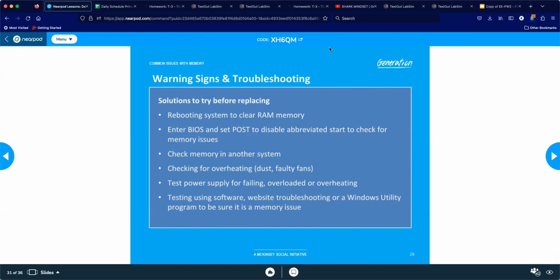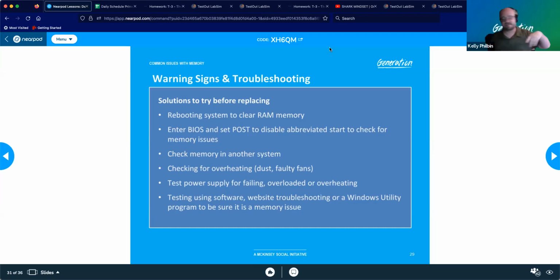Positive and negative 12. Here we go: positive and negative 12, positive and negative 5, positive 3.3. Yes, positive and negative 5, positive and negative 12, and positive 3.3. So those are the 5 different voltages you would see coming out of the power supply in your computer.